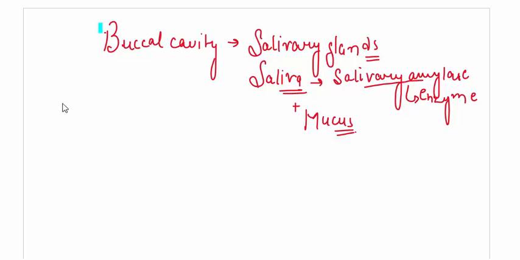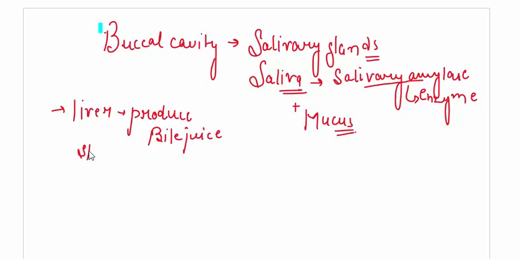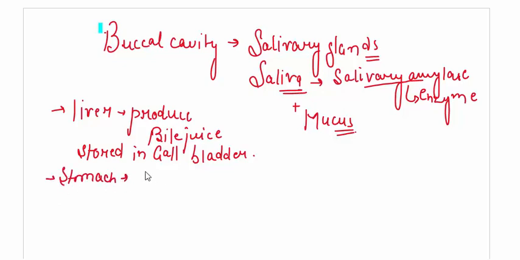The next secretion we will write is for the liver. The liver produces bile juice, which is stored in the gallbladder. In the stomach, gastric glands are present.